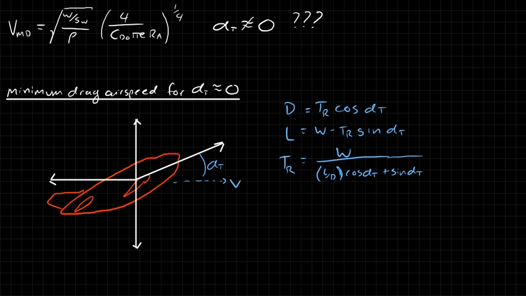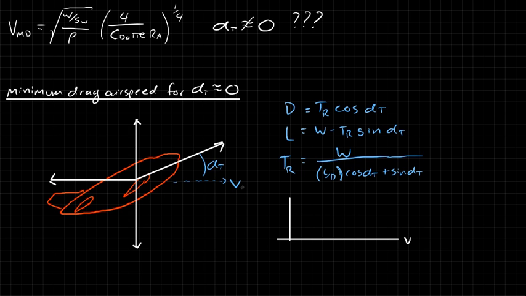So instead, if we want to minimize thrust required during flight, what we'd want to do then is maximize L over D. Okay. Now this is really convenient because L over D is a function of airspeed, and as a function of airspeed, L over D has a very nice maximum. So I'm just going to draw this real quick. So this is a look at what L over D looks like as a function of airspeed. Okay, so let's put on these axes here.